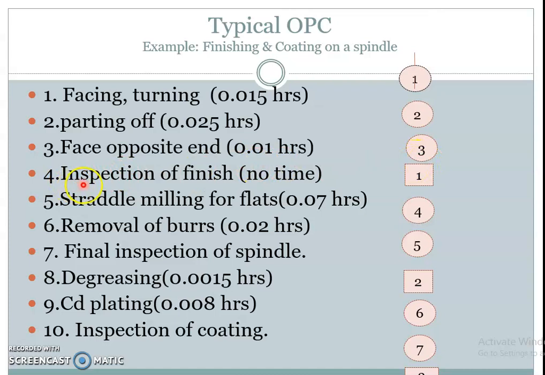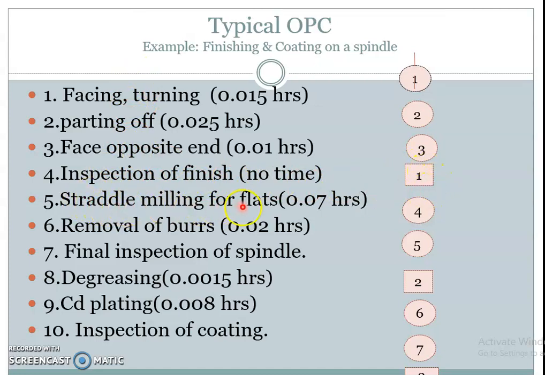Then the fourth activity is inspection of the finish. It doesn't take any time, so the time will be 0, or we can leave a blank space. This is an inspection, and the first in the sequence, so we number this rectangle as 1.